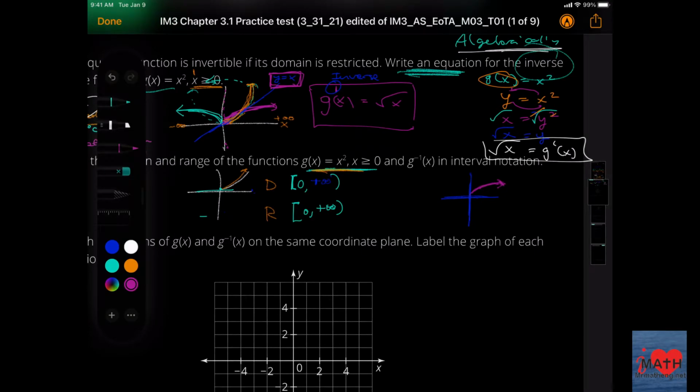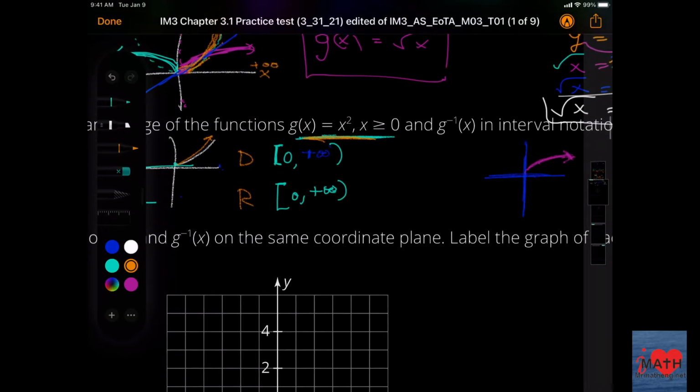Why? Because you go from left to right, starting there at 0, and it keeps going towards positive numbers on the x-axis, right? And then, let me erase all those lines.